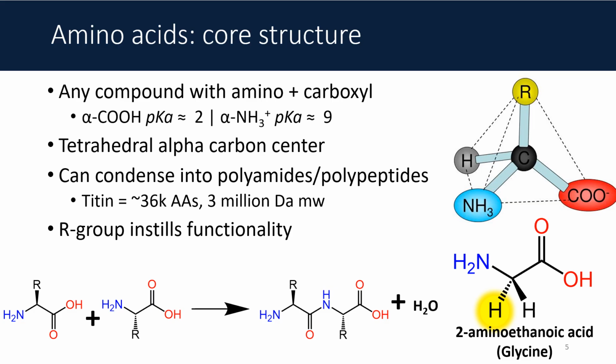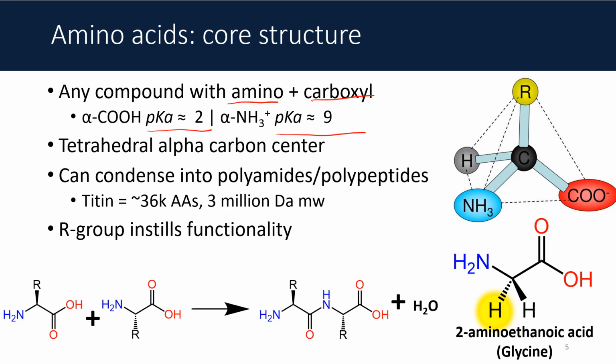Going back to the basics, I'll reiterate that technically any compound that has an amino group and a carboxyl group on the same molecule can be considered an amino acid. And some common properties generally shared by the amino acids are that the pKa's of the carboxyl and amine respectively are 2 and 9.